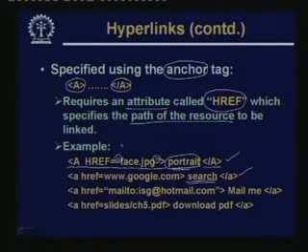The third example: here we are not providing a link to a document, rather we are providing a URL which starts with mailto. Recall we had mentioned earlier when we were talking about URLs that if it is a mailto URL, then whatever you specify after that will be treated as an email address, and automatically a mail window will open on your machine, provided mail is installed on your machine.